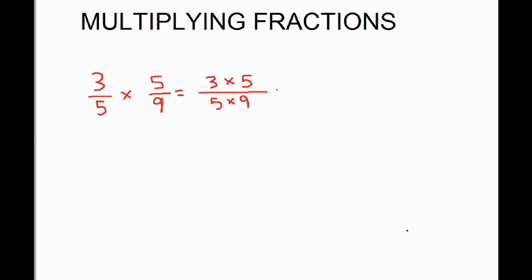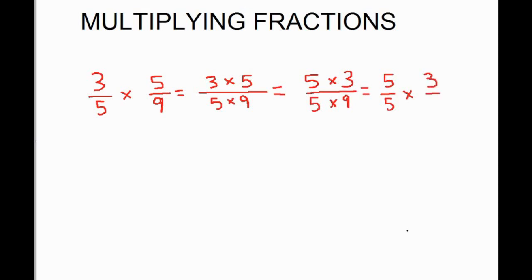Subtraction and division, different story. It does matter what order you do it in. But with multiplication, 3 times 5 is the same as 5 times 3. So I could switch the top two numbers. I could switch the bottom two numbers too if I wanted to. 5 times 9 is the same as 9 times 5, but I'm going to keep those the same. And if I were to split these back up into fractions, I can see that what we end up with here is 5 over 5 times 3 over 9.